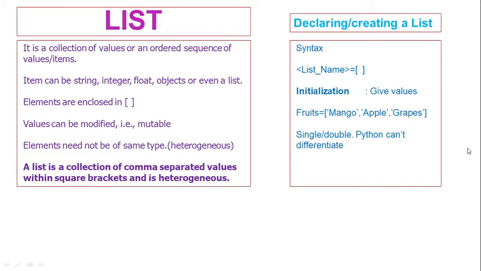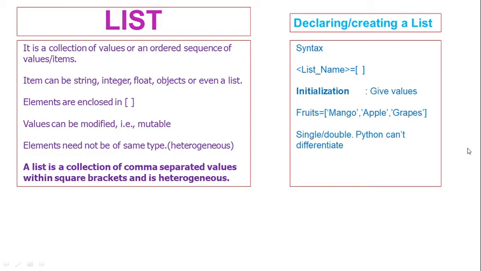That is, we can have a list of integers like 1 2 3 4. Another example, we can have a list of your computer science marks, which stores all integer values, right? And we can have a list of your computer science students' names.